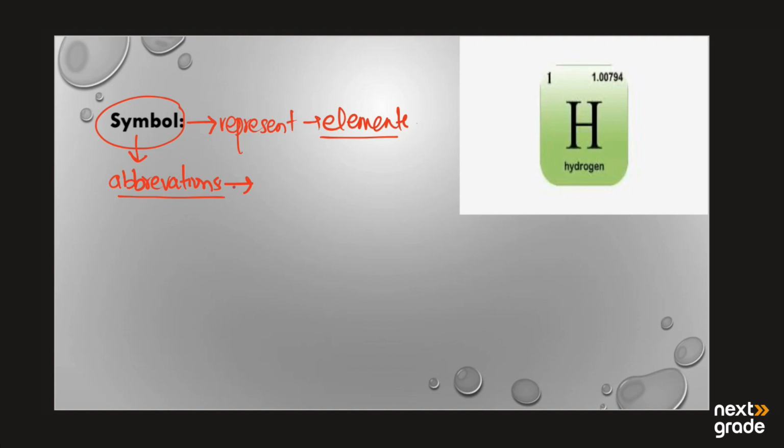We take the symbol from the name of the element, and that name may be from an English word, a Latin word, a Greek word, or a German word.